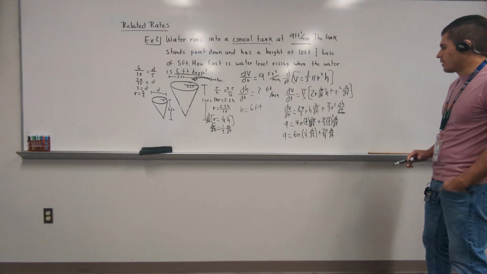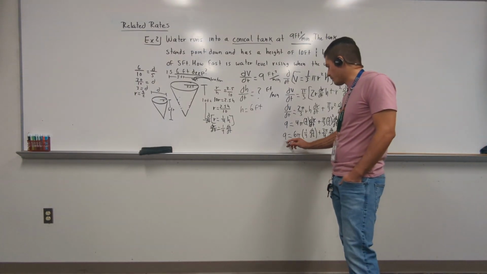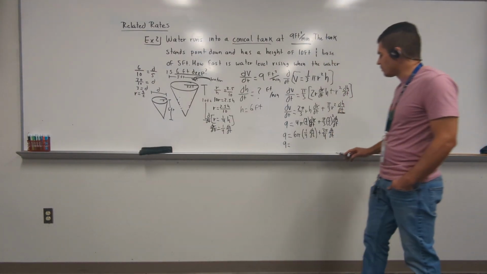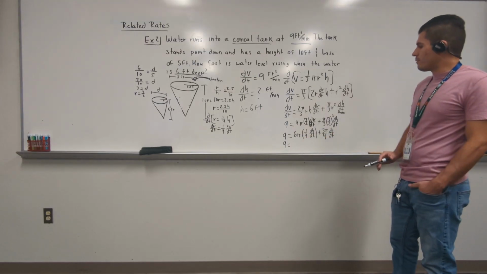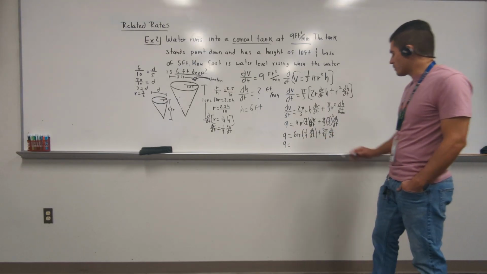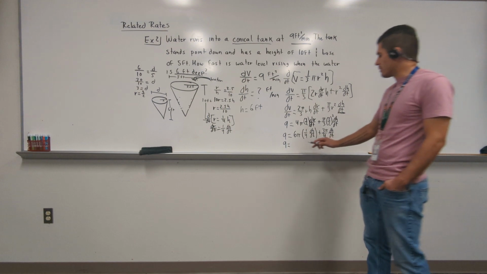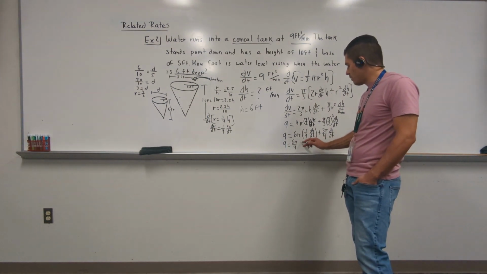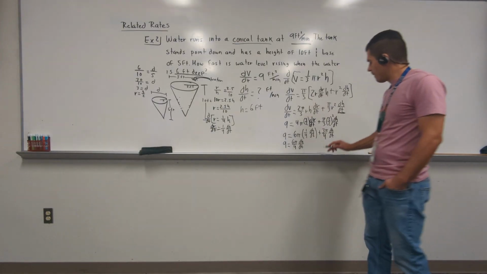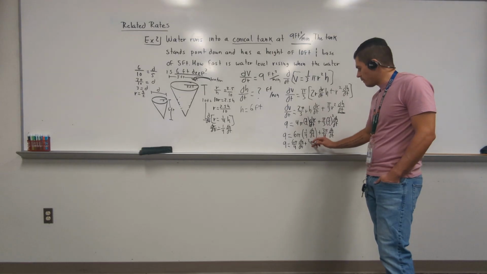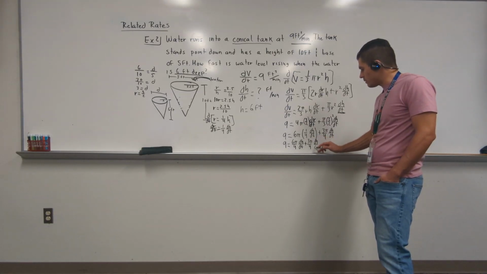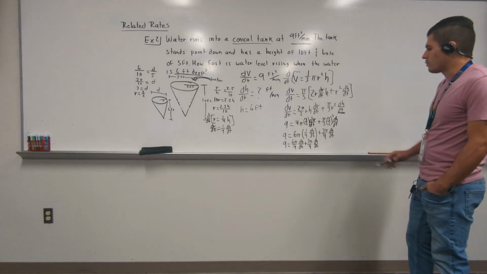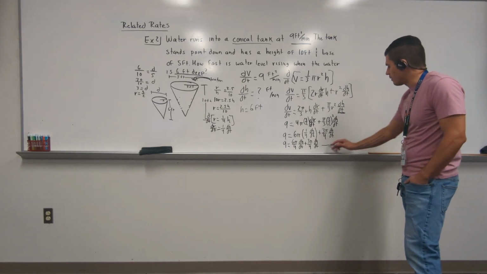All right, so now I can do one more thing here. I have 9 is equal to 6 times 1/4, that'll be 6 over 4, and I'm going to leave it as that so I can combine it with this. So that'll be 6 pi over 4 dh/dt plus 3 pi over 4 dh/dt.